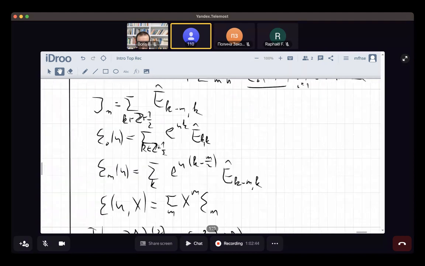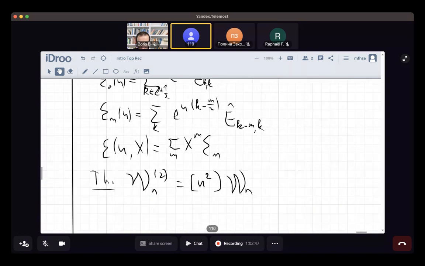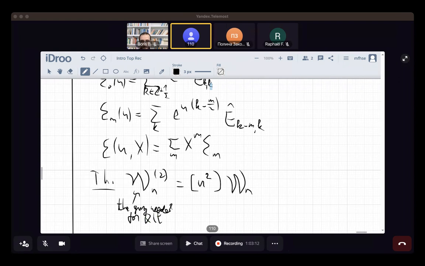And the claim is that if you take the coefficient in front of U squared in the curly W, then this is precisely our curly W_2, the expression which we need for the QLE, or more precisely, G_m, where taking G is just again taking the respective coefficient in front of some power of H_1.